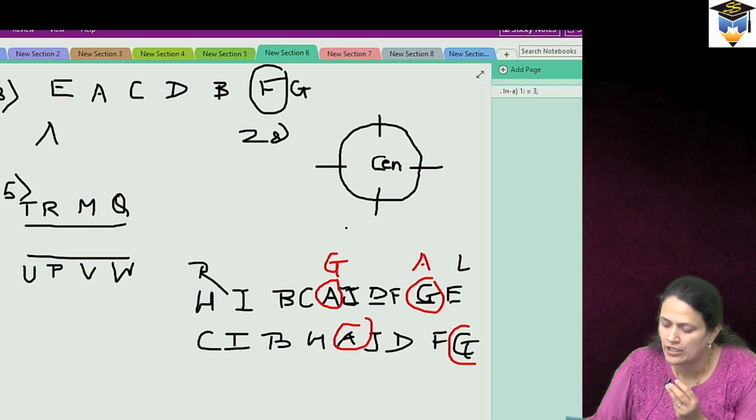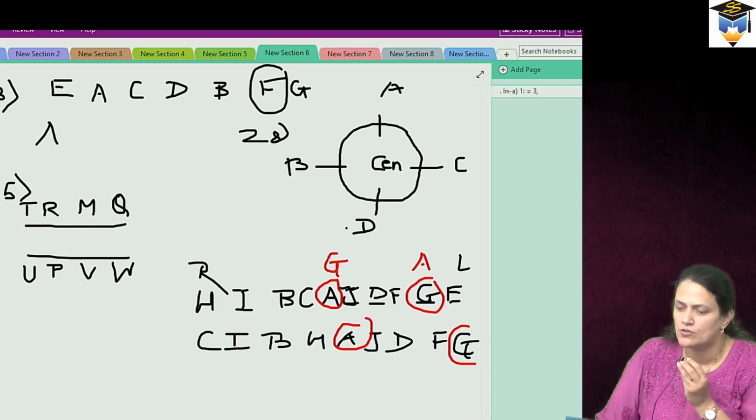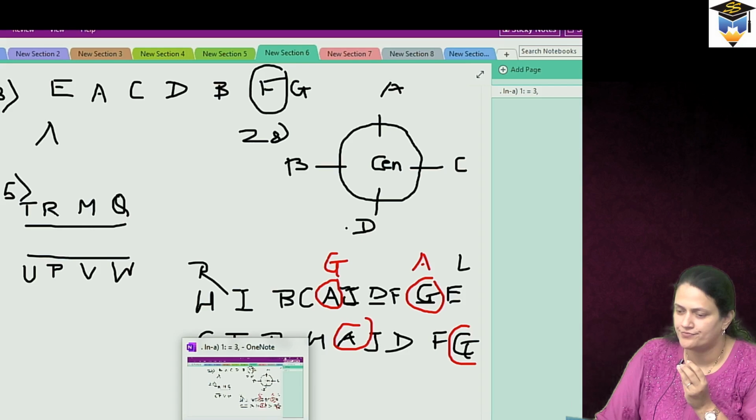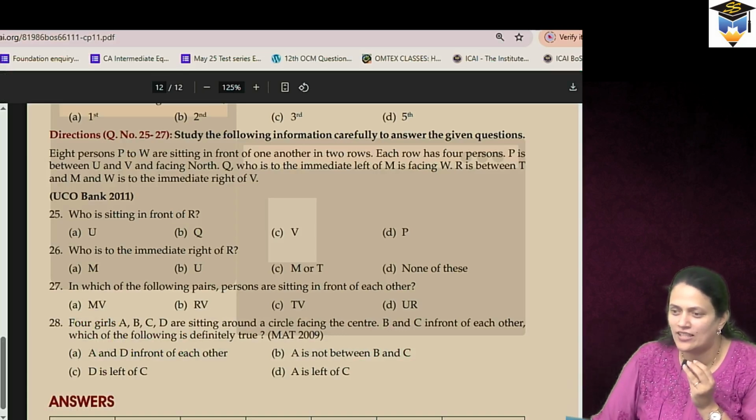And A and D are in front of each other. So A and D will be here. So the answer is: A and D are in front of each other. So easy.